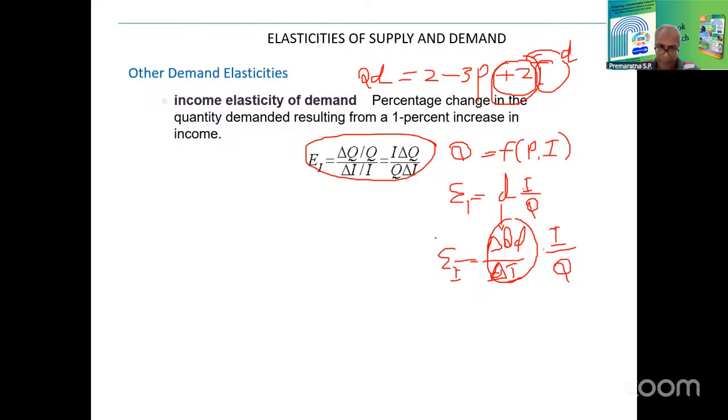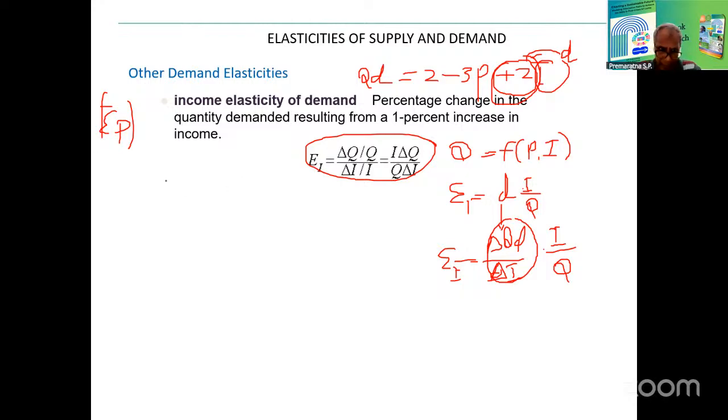Income elasticity. Now, the point here is that, not like the price elasticity, with price elasticity you notice that elasticity is always negative. According to the law of demand, the relationship between price and quantity is negative, so the elasticity is negative.